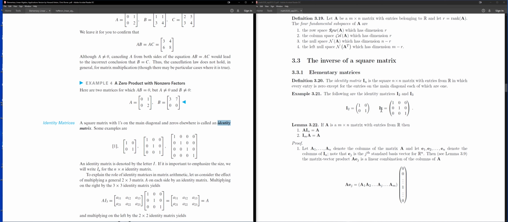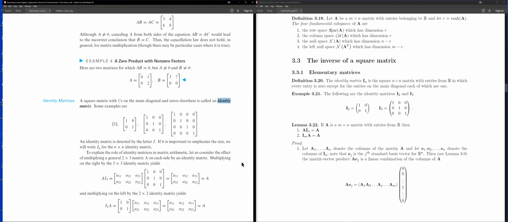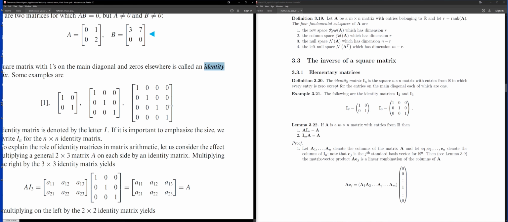The 3 by 3 identity, which we denote by I3, is a 3 by 3 matrix with ones on the diagonal and 0 everywhere else, right? And you can keep going with that definition, right? So this is I4 over here. I4 is your 4 by 4 matrix, with ones on the diagonal and 0 everywhere else, right?